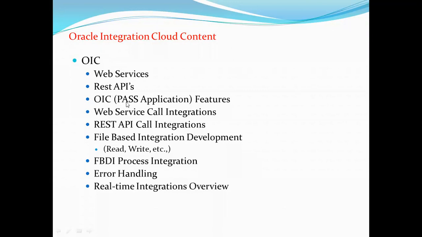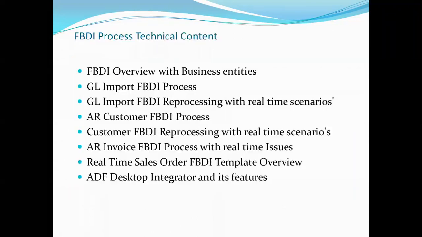Okay. We'll see some of the PaaS application features, nothing but OIC. Whatever OIC is, this is a complete PaaS application. We'll see what features Oracle provides, how to call a web service in our OIC application, how to invoke REST APIs, and whatever file based data import is there. Here I said FBDI process.